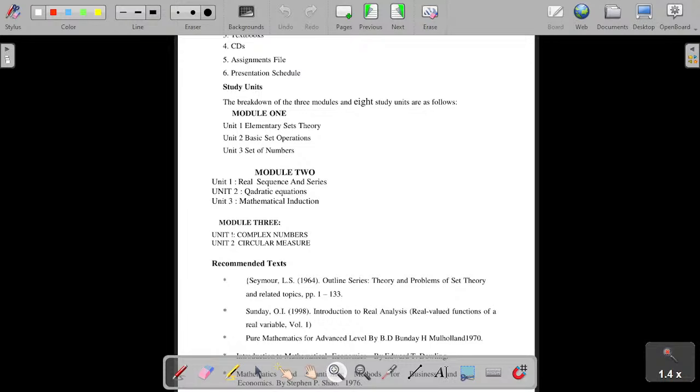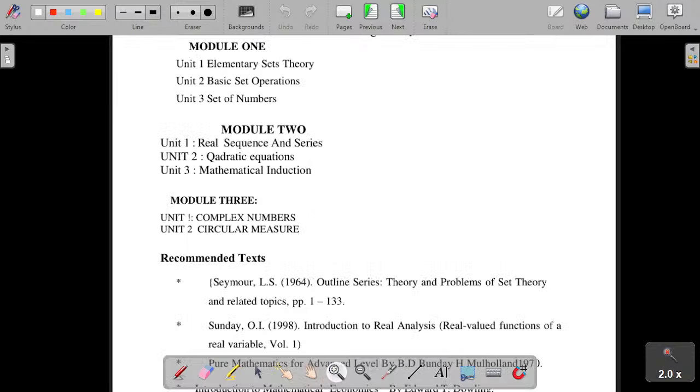Then we go to module 2. We have sequence and series. So this course, sequence and series, talks about AP and GP.